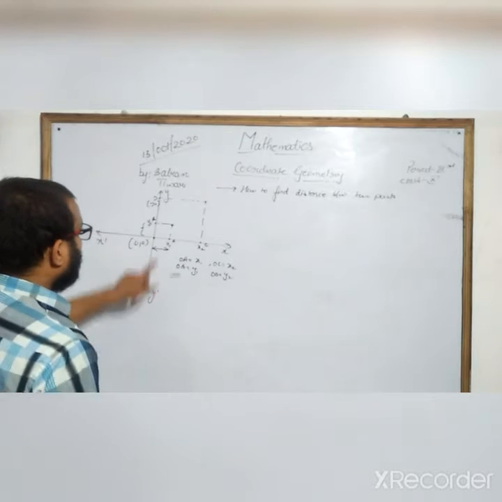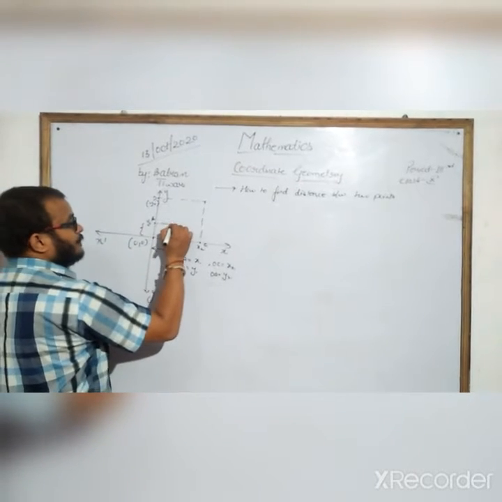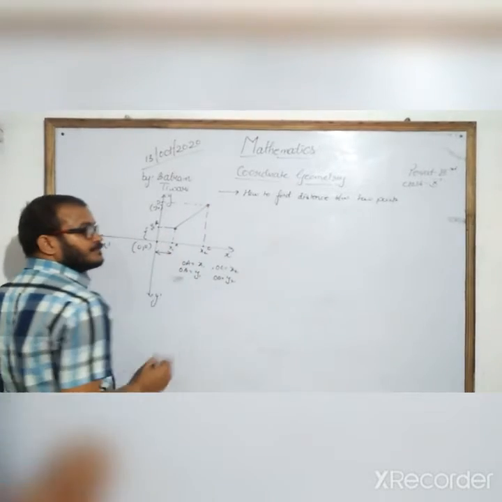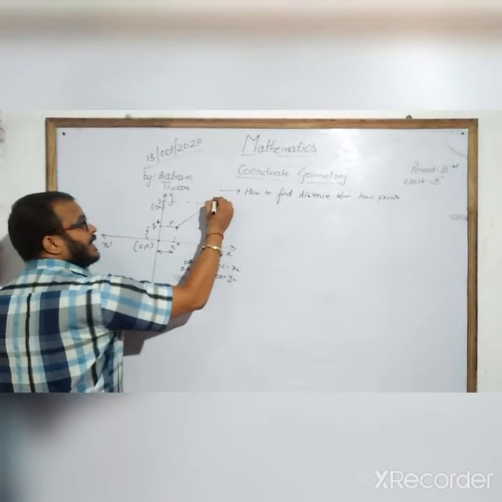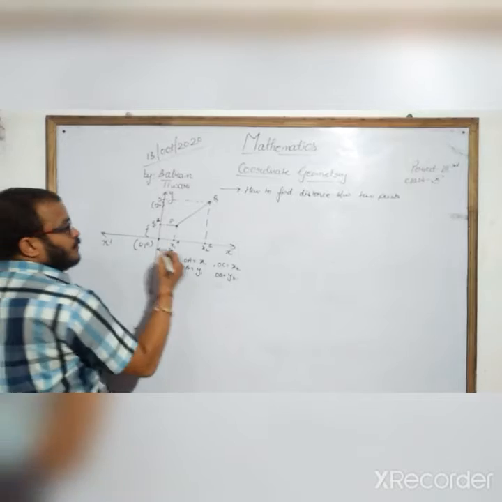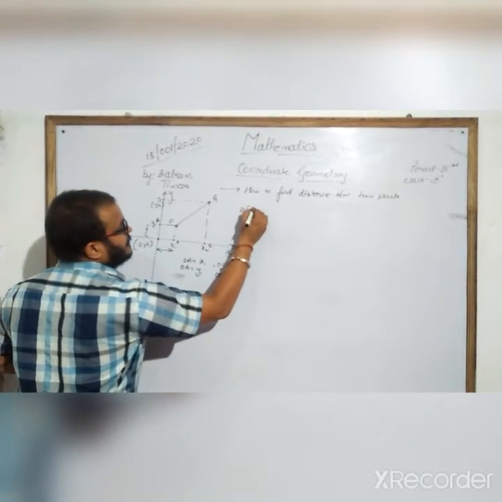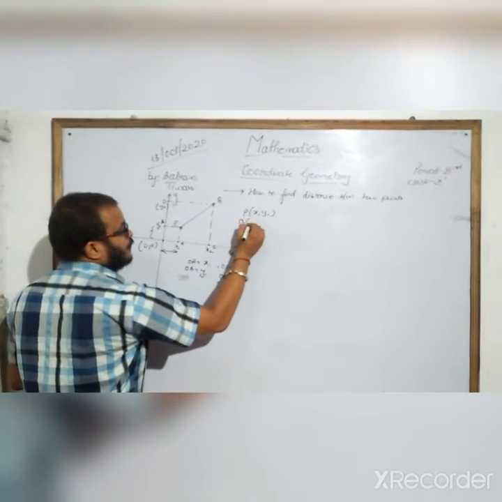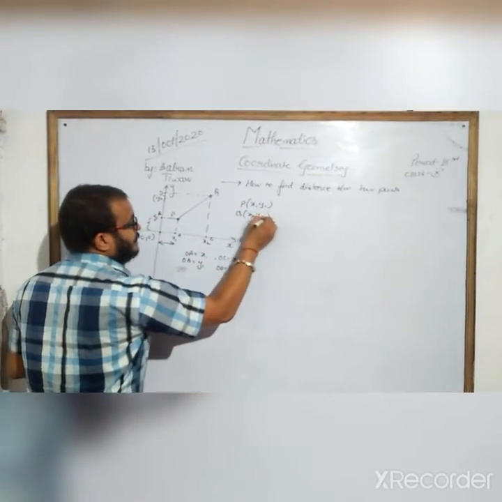Any doubt? I locate two points, this one and this one. Join them and name them P and Q. The point P represents coordinates x1, y1, and the point Q represents x2, y2.